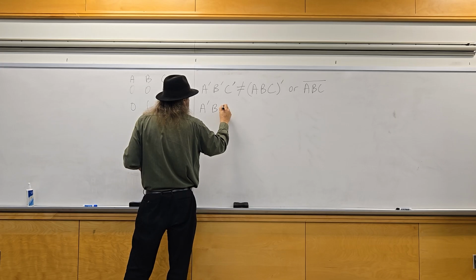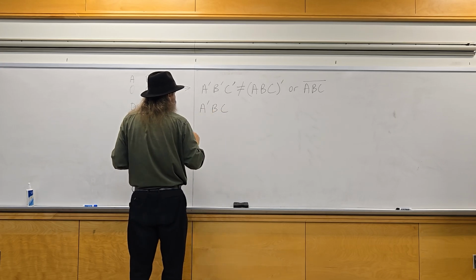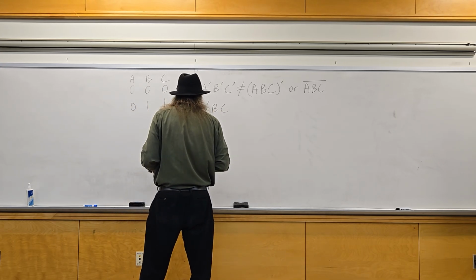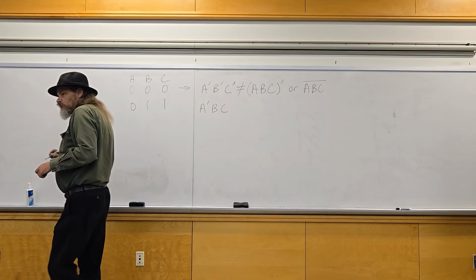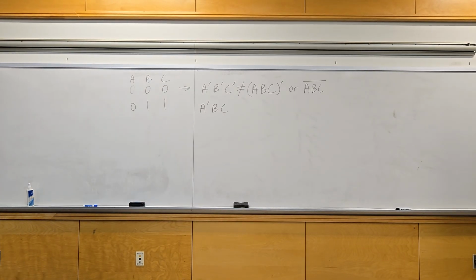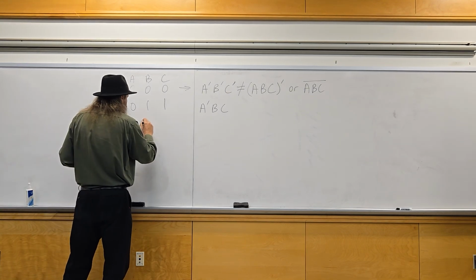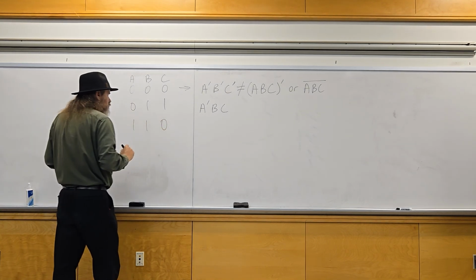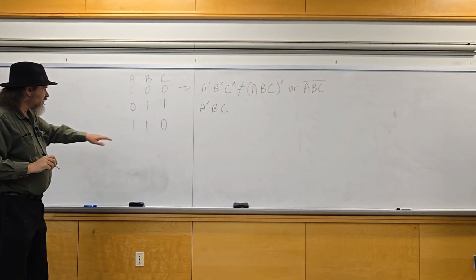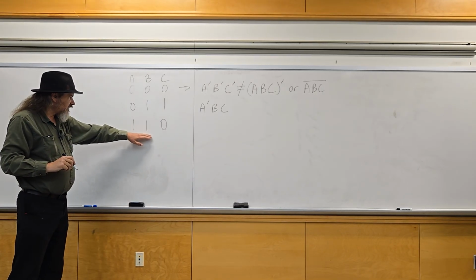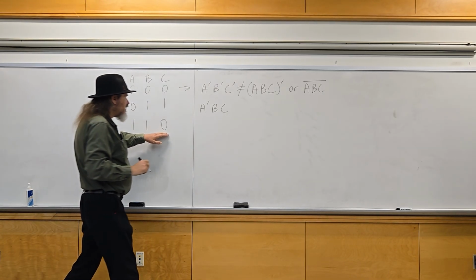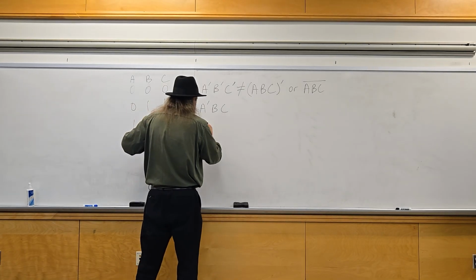So it would be A prime, B, C. And the final line with a 1 output is 1, 1, 0. Again, the A and the B are fine the way they are. The C needs to be inverted.